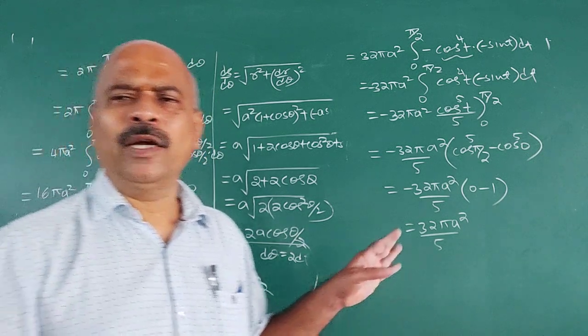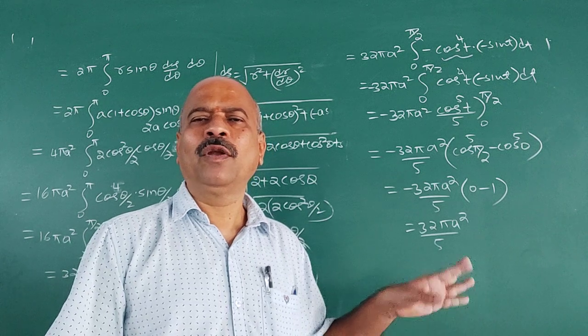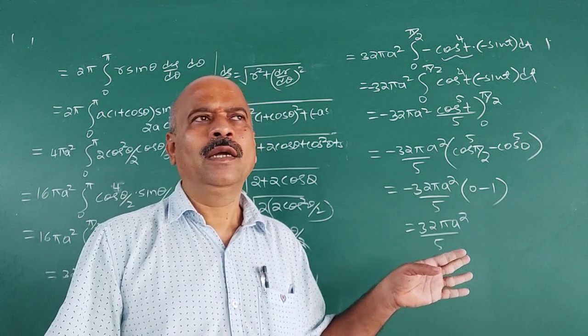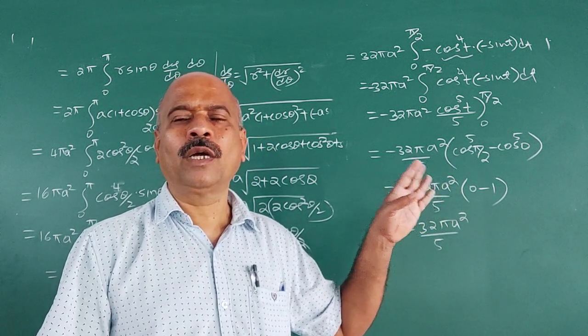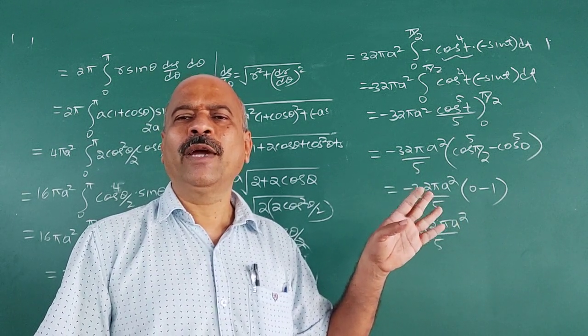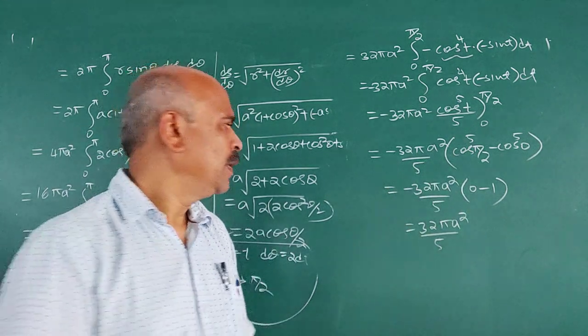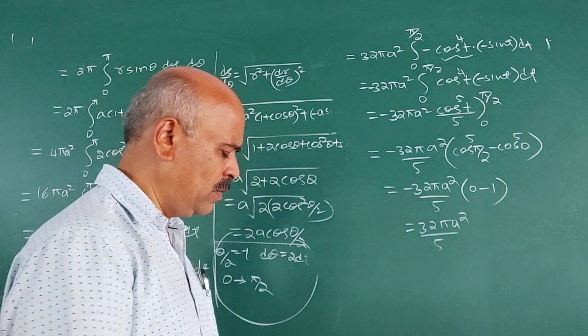For all the cardioids, there are 4 cardioids. The solid will be the same if you revolve about the initial line, and if you revolve about, for r is equal to a sin theta and a into 1 minus sin theta, you have to revolve about the y axis, and the surface area will be the same.